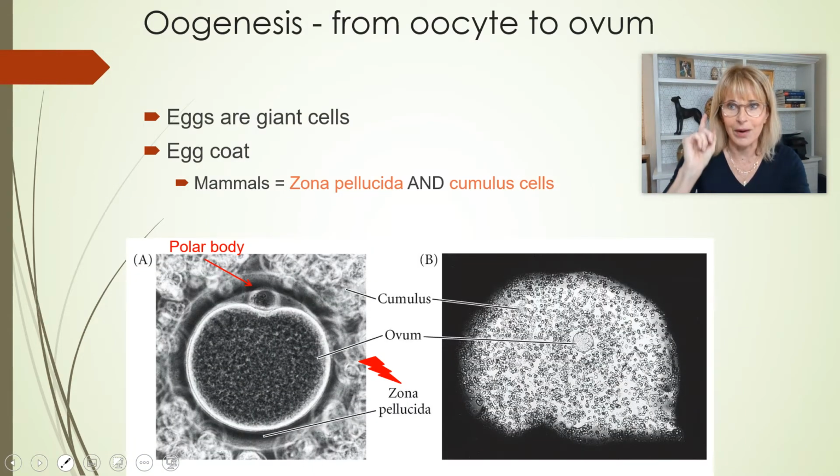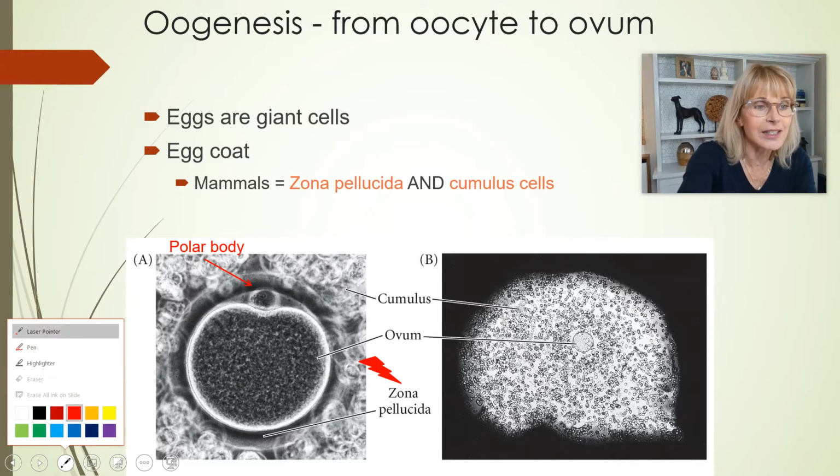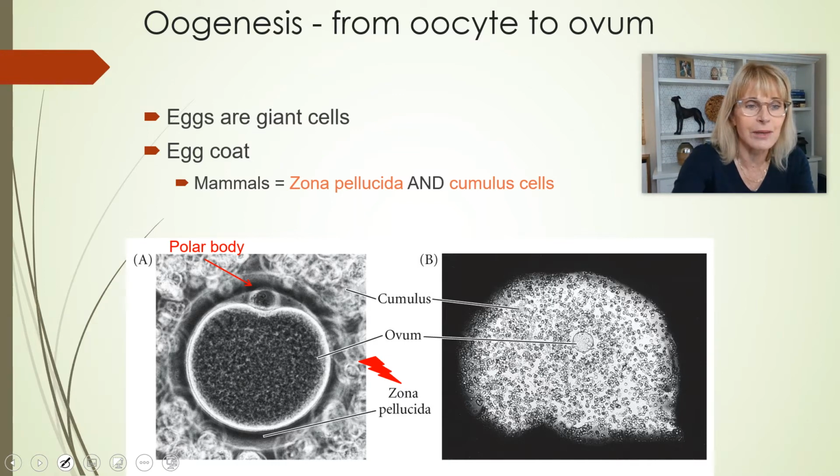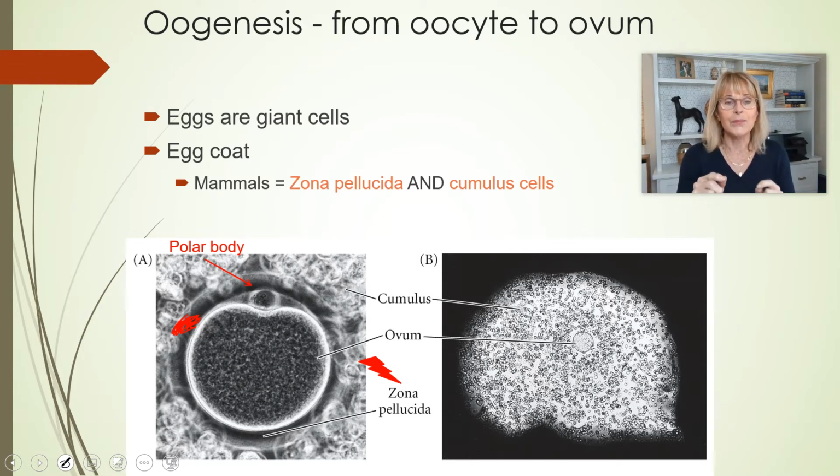The acrosome of the sperm is going to release digestive enzymes that will allow a sperm to kind of eat a tunnel through this stuff, the zona pellucida, so that that sperm gets the opportunity to fertilize that egg.